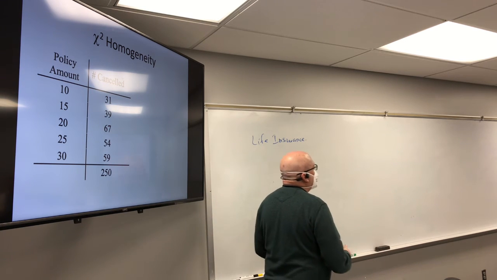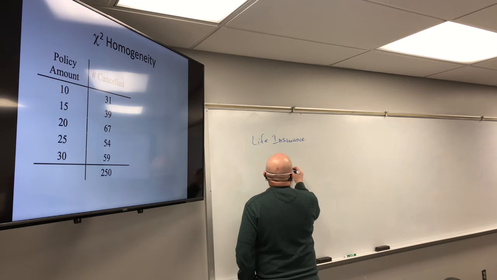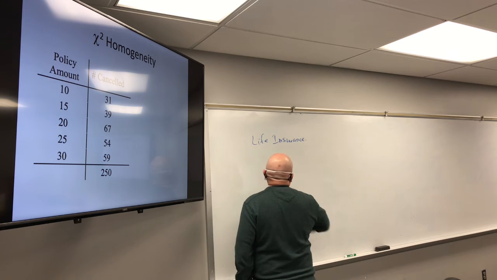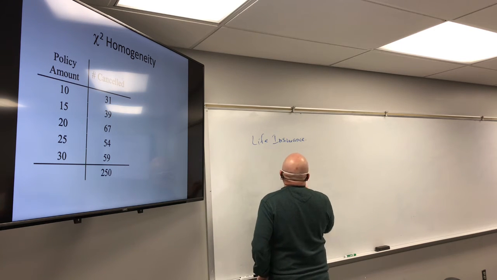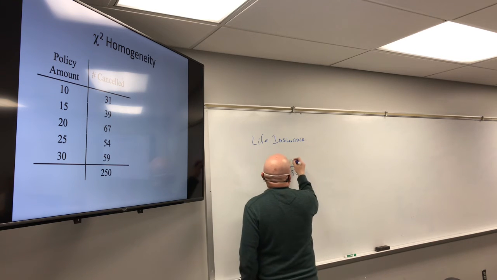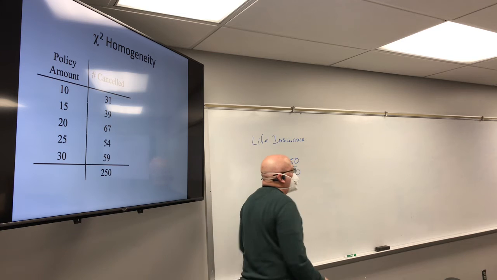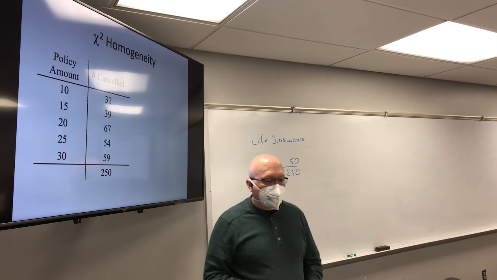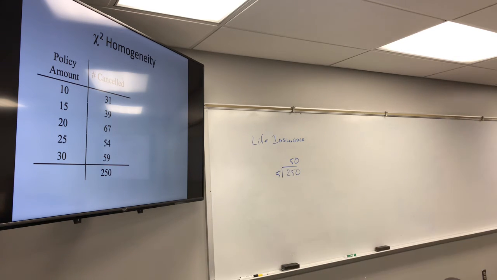So the way you would do this is, since we have 250 individuals, we would divide that by 1, 2, 3, 4, 5 categories, and that would basically give us 50 as our expected value. So the expected value would be 50 in each of these cases.